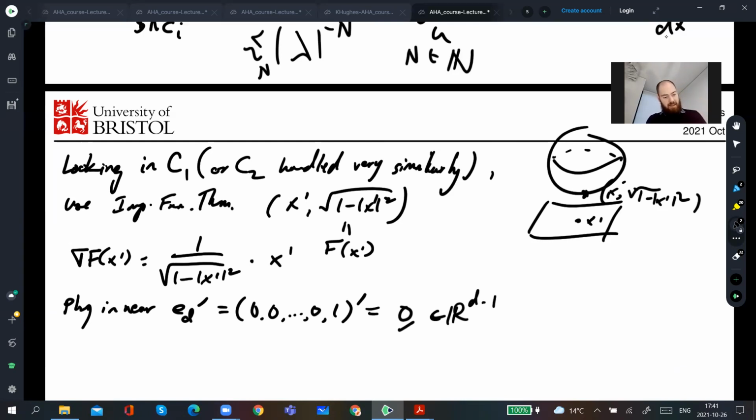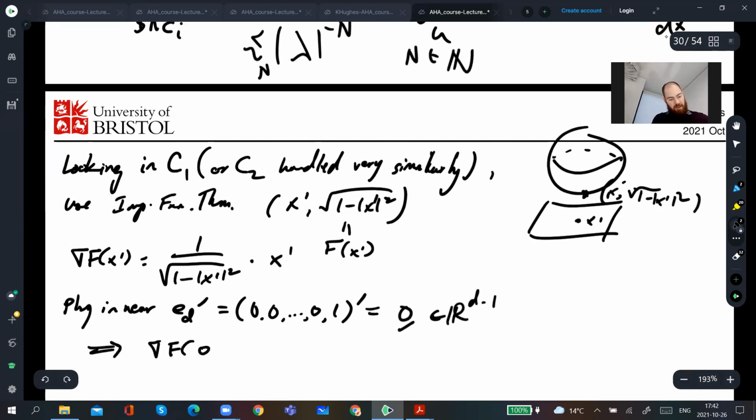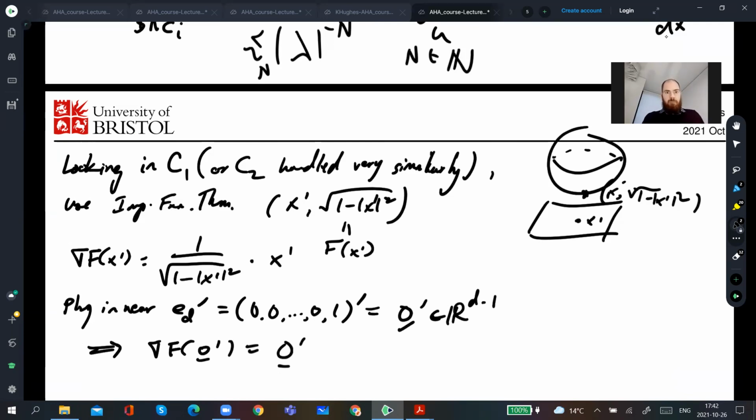And you see that this implies the gradient of f at 0, which maybe I should write as 0 prime, is actually just 0 itself. So it's a stationary point for the phase.